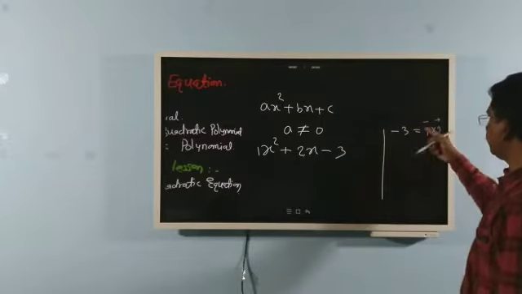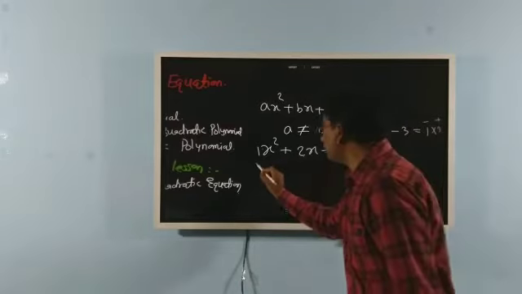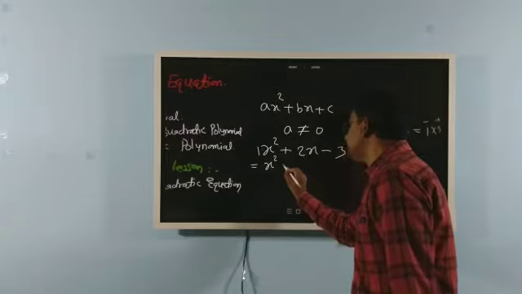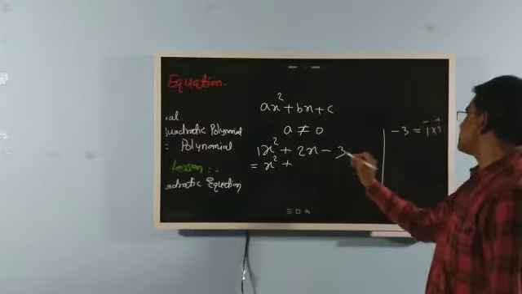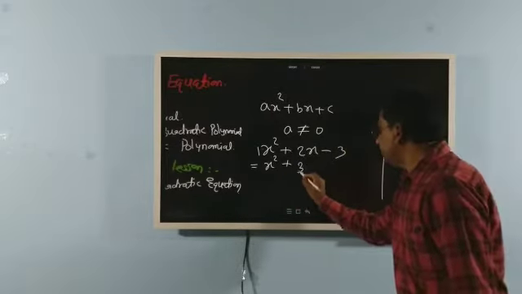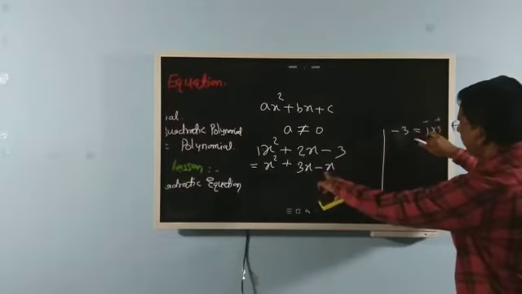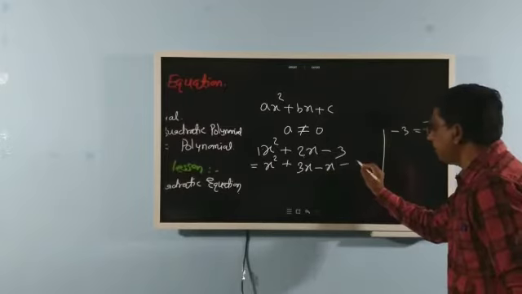So when such a form, we could go for splitting the middle term. So I will split the middle term: x square plus 2x is split as 3x minus x, and then minus 3.